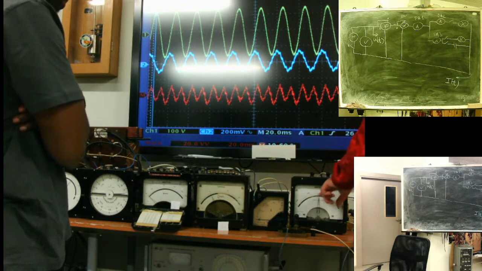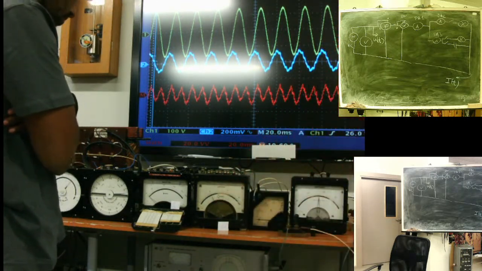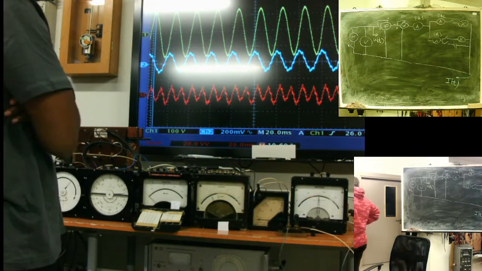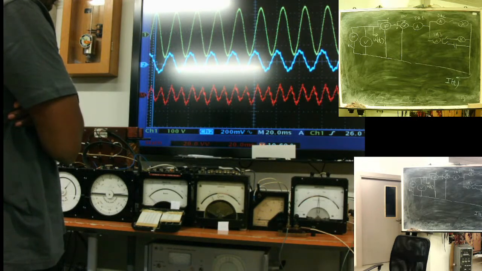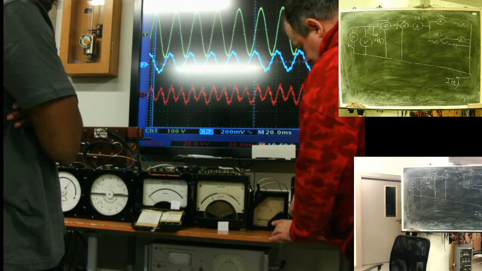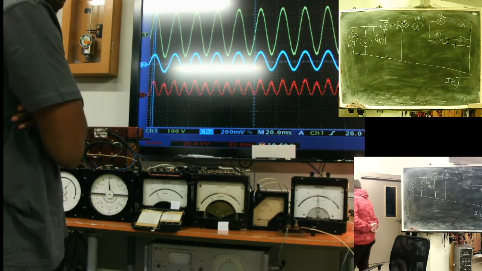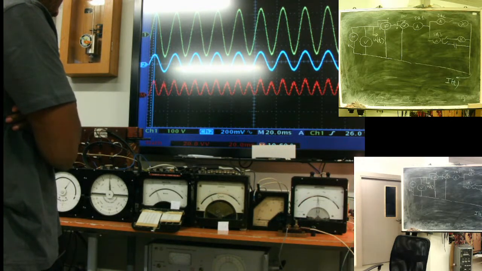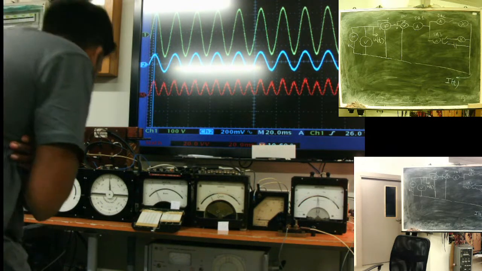Here it is, 0.8 amps, and total current goes 0.8. But power is 0. Strange, isn't it? Current the same, 0.8. Voltage the same. Power, 80 watts.